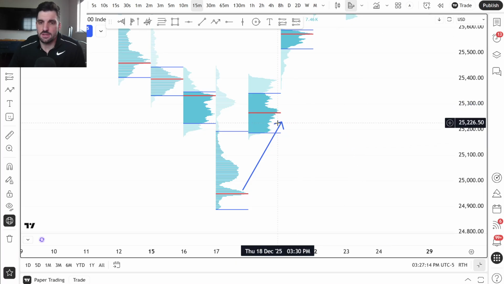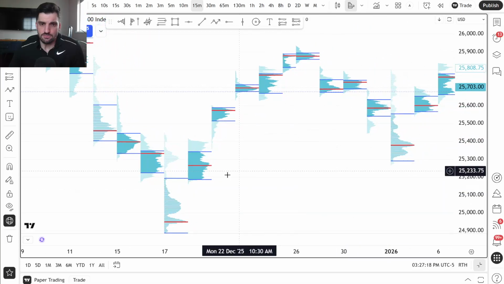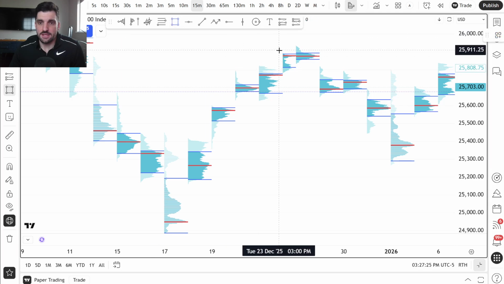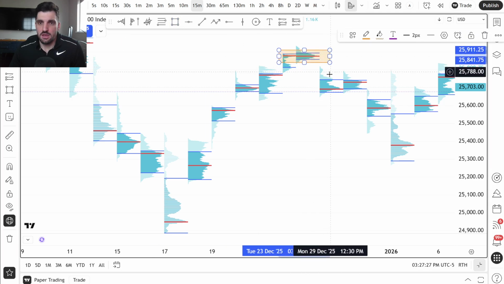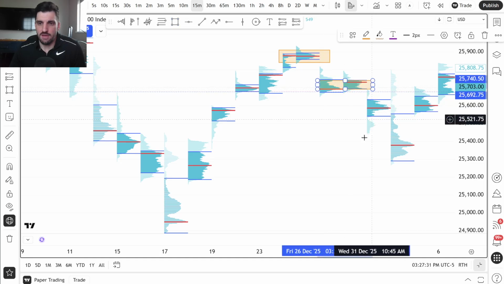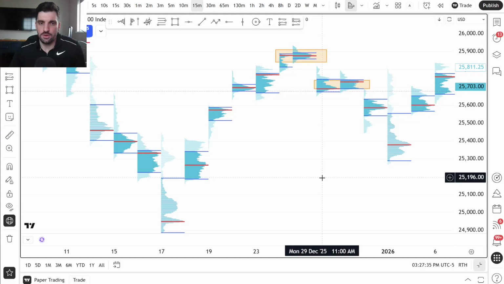So we can take a look at that, and we can see that the market continues to shift up, shift up, shift up, and shift up higher, all right? And then this is the last shift up before we start to get a shift down in value, all right? Now, the opposite principles are true, okay?